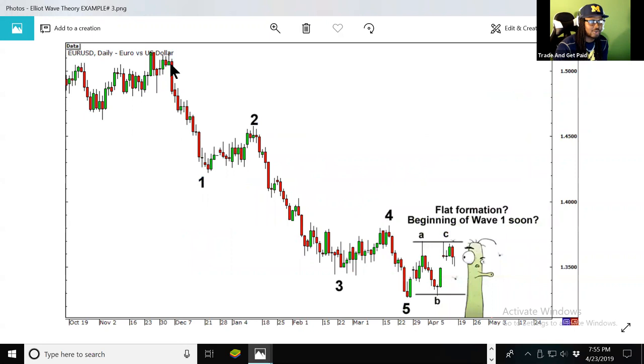This one here, it just shows that 0, 1, 2, 3, 4, 5 to the downside. Everything makes sense here. 4 never even came close to 1. And now we have that potential ABC corrective wave here. And then we can see another drop back down to the downside from this movement. So just one of those things where you get a quick understanding of how this works. And typically when you see this, this could be the setup for another move.